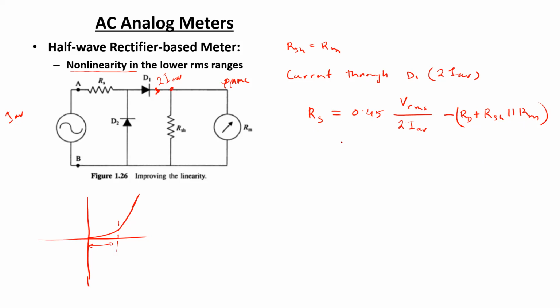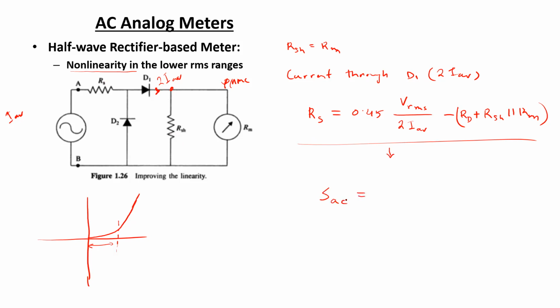So this would be the new or updated equation for calculating the multiplier resistor RS if this shunt branch is added, and also if the forward resistance of the diode is considered.